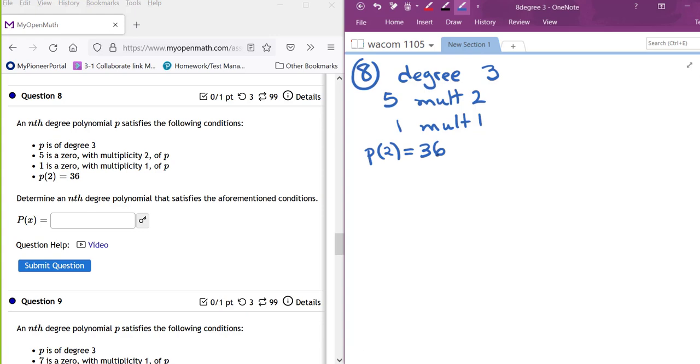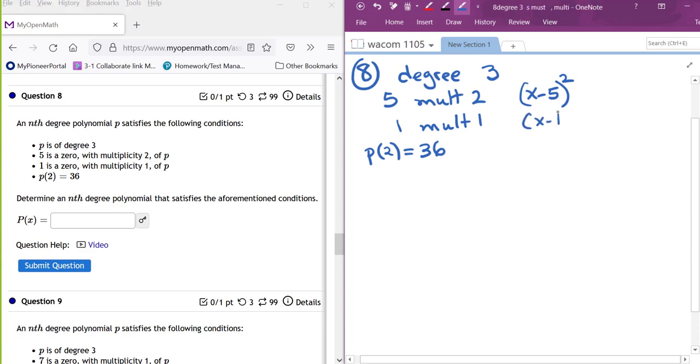So what we have to do is get the factors, and for 5 to be a 0, the factor is x minus 5, and because it's a multiplicity 2, I have 2 copies. For 1 to be a 0, it's x minus 1. All right, so I'll write these all together.